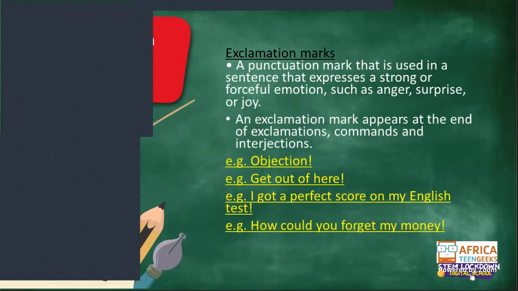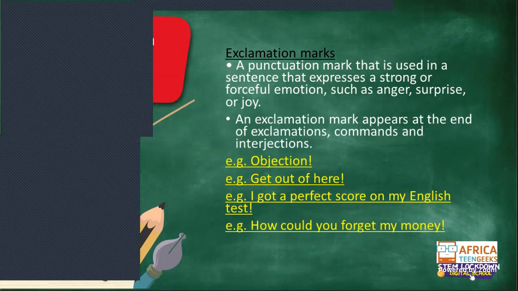That really is a very strong emotion. It is an interjection, so to say, because they say objection as a way to interject, as a way to get in the middle of something.